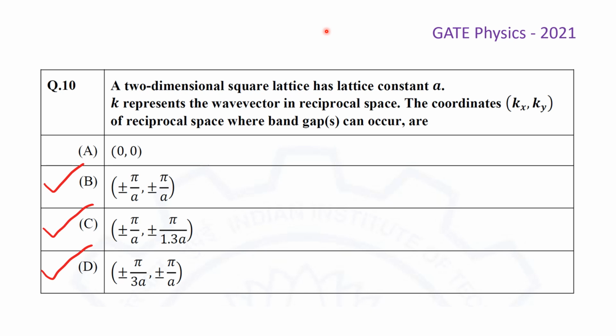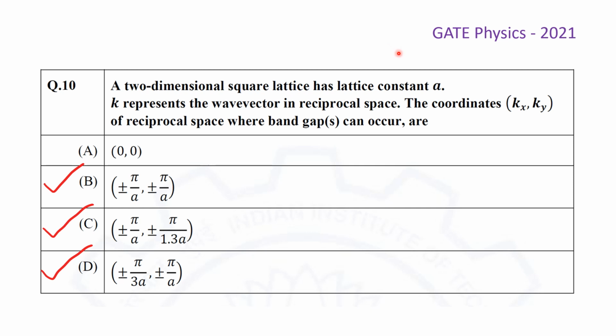We have already discussed in the earlier slides the Brillouin zone, and how to construct the Brillouin zone for a two-dimensional square lattice that has lattice constant a. Then we discussed how the energy gap or band gap can arise at the zone boundary, that is, at the boundary of the first Brillouin zone, second Brillouin zone, and so on.